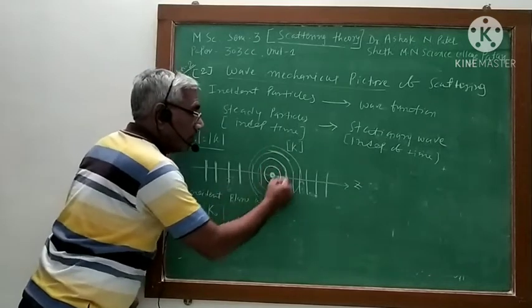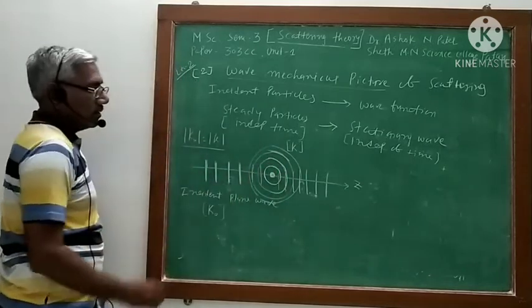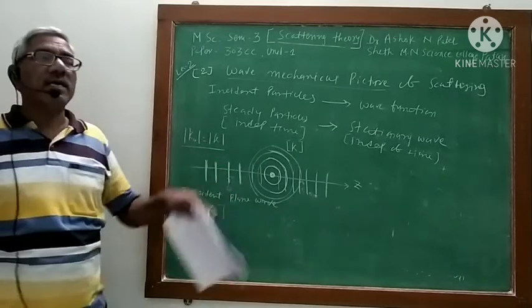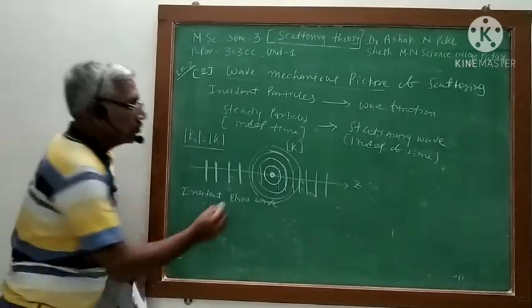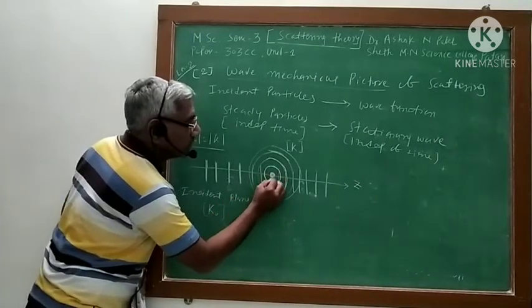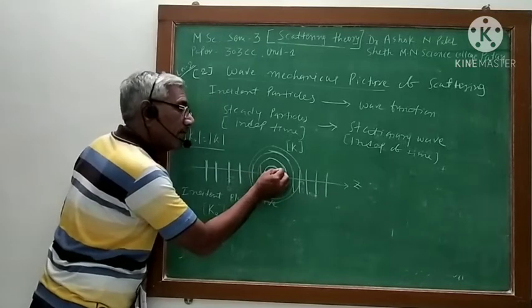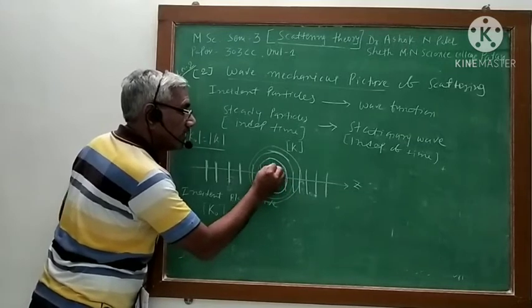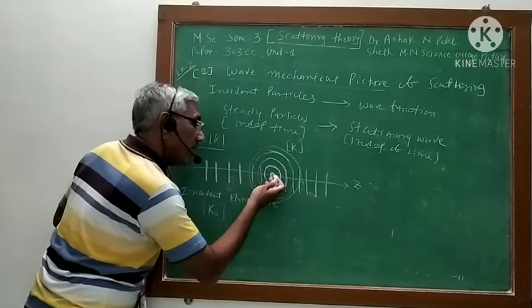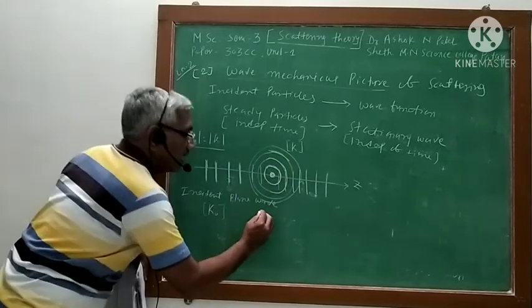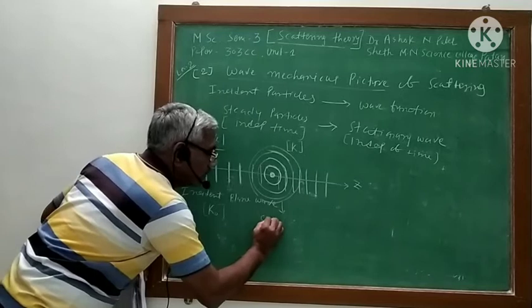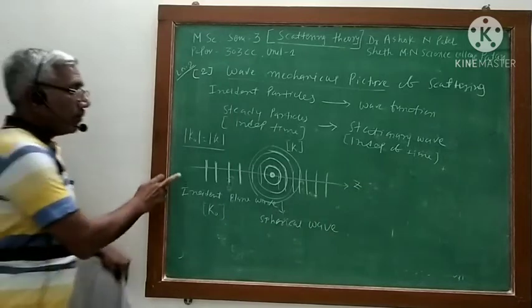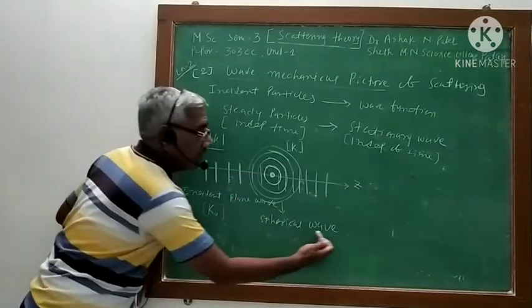Now in the plane waves, the phase was constant. After scattering, it scatters in all directions, this direction, this direction, every direction. So now at a particular point, the phase is constant, and that's why it is the spherical wave. Incident waves are now converted into the spherical wave. So now the incident plane wave became my spherical wave.